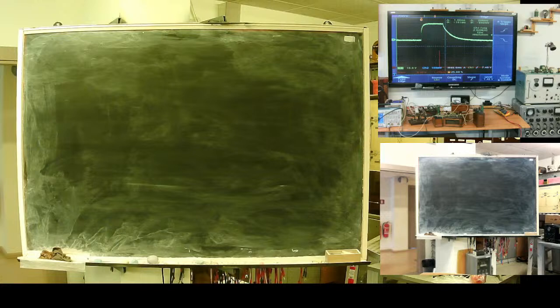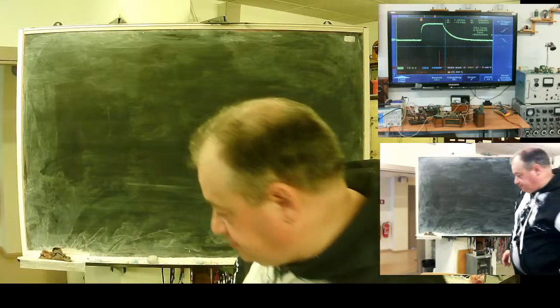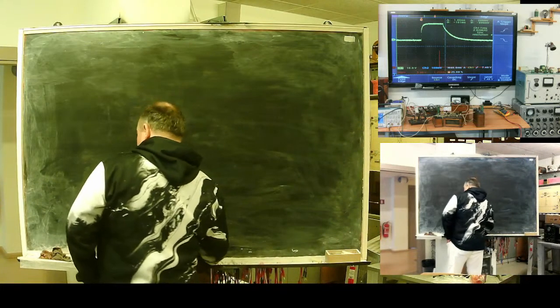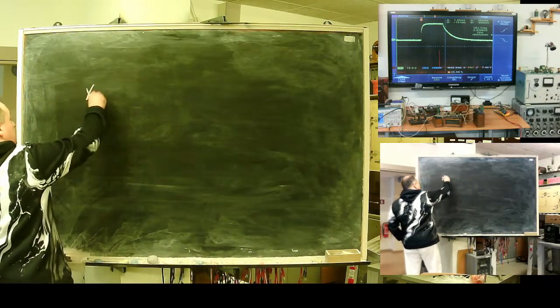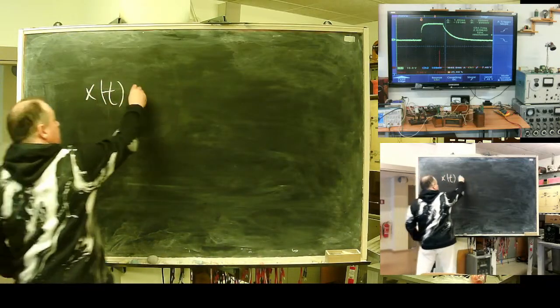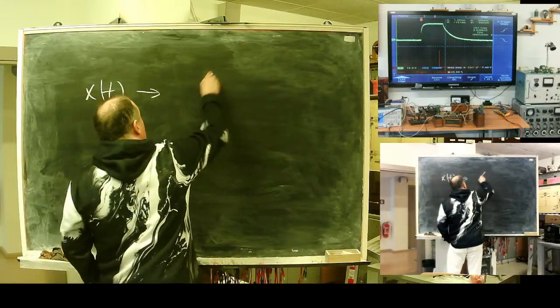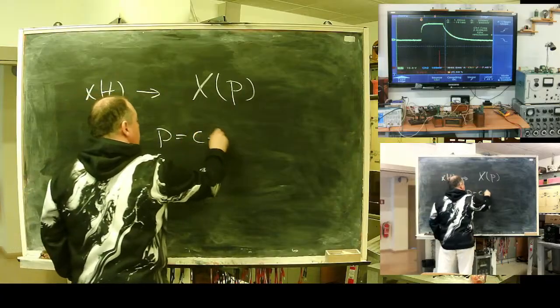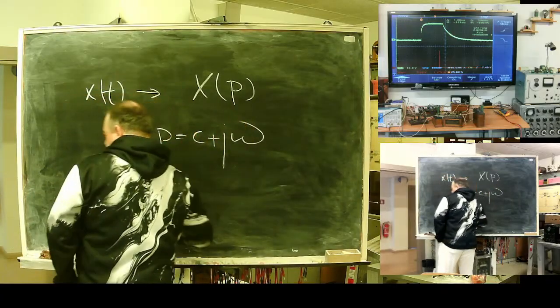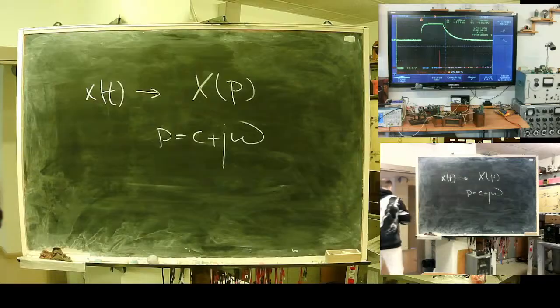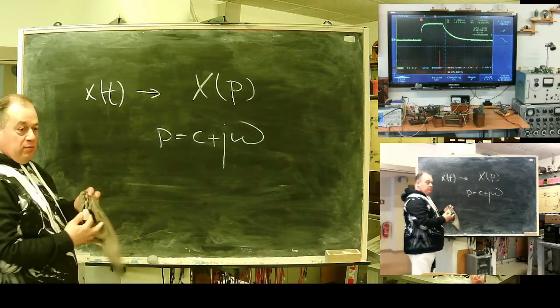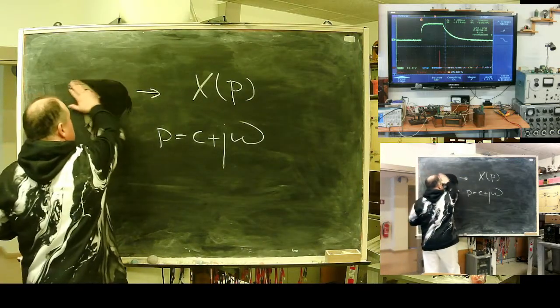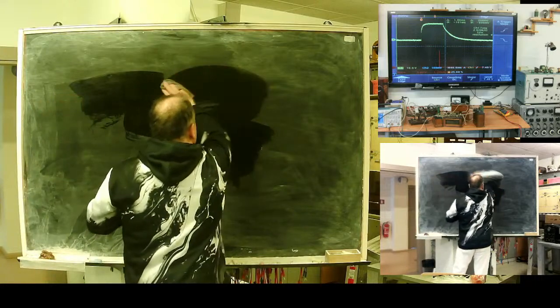Equations easy to solve. So if in real time you have some function of time, it will become an image of function of complex frequency in the space of Laplacian transform. Laplacian terminology talks about images.